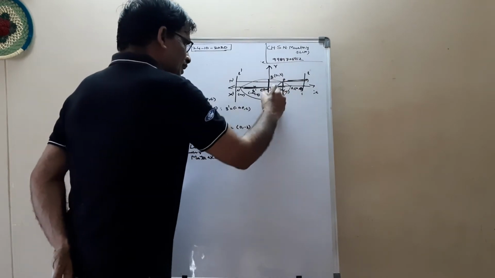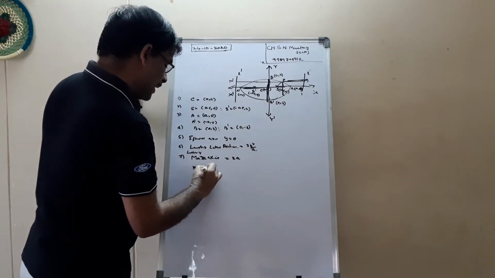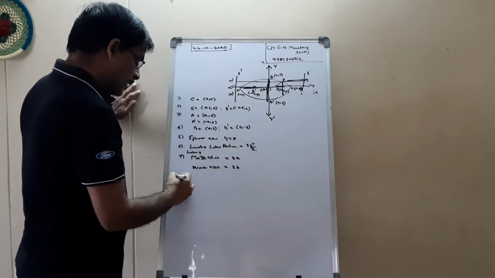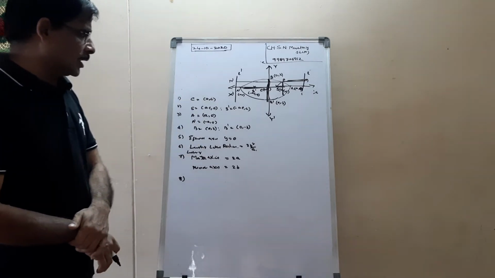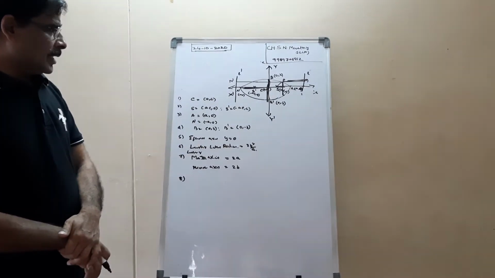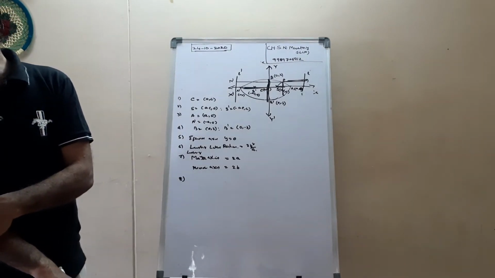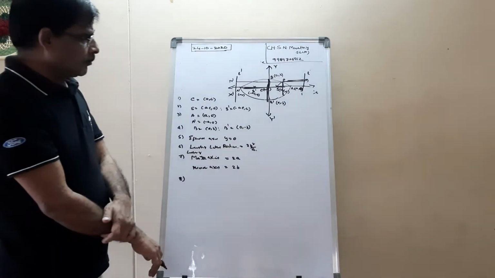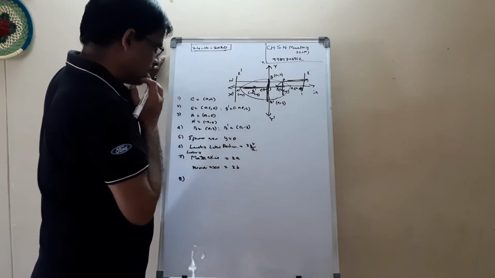This one is the minor axis, the length of the minor axis equal to 2b. Is there anything left? Center is given, S is given, and the remaining are the lengths of the major axis and minor axis, this one is given.